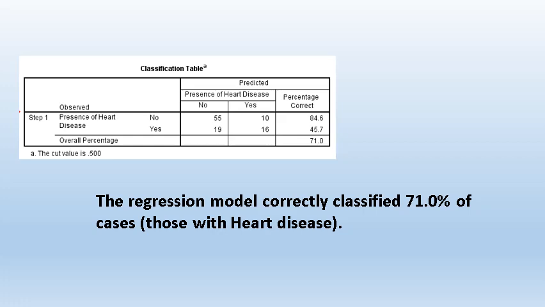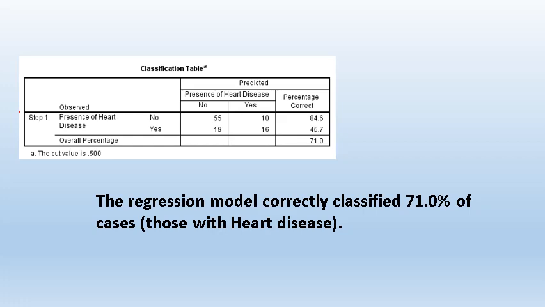Okay, and out of them, how many are predicted as heart disease? So, actually 19 plus 16, so 35 are having heart disease. And according to the model, 16 are predicted as heart disease. That means 16 out of 35 are predicted as heart disease.